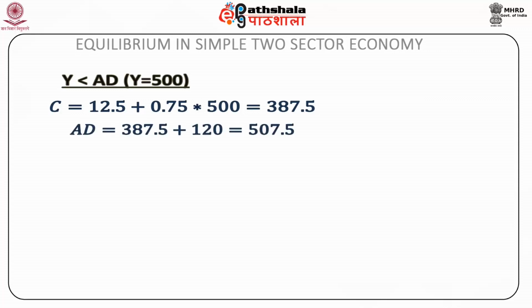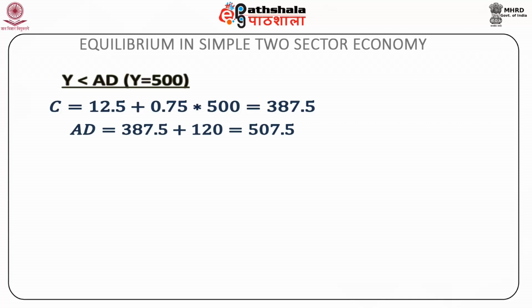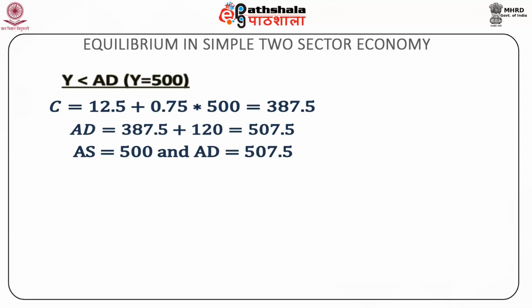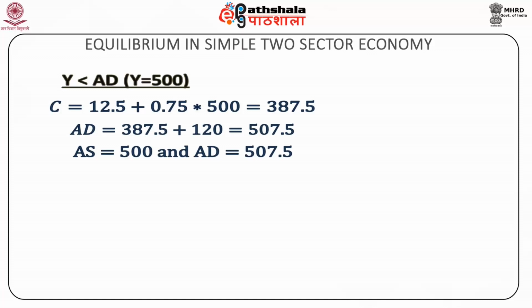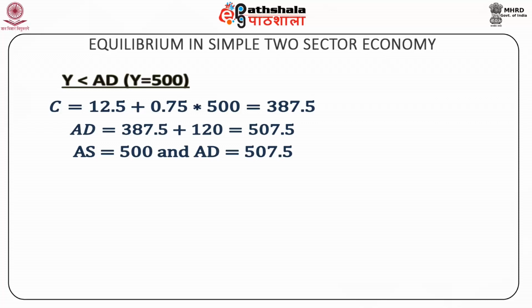So, AD is equal to 387.5, which is the consumption, plus 120, which is the investment, and AD is equal to 507.5. AS is the level of production, that is 500. In this case, AS is less than AD by 7.5 and there is unplanned depletion of inventory stock as 7.5 units are taken out of the existing inventory stock to meet the gap between demand and supply.